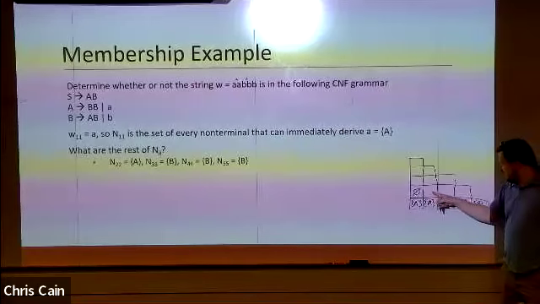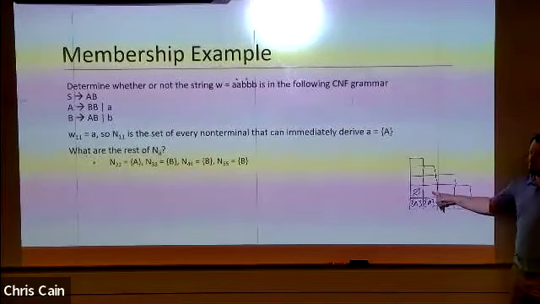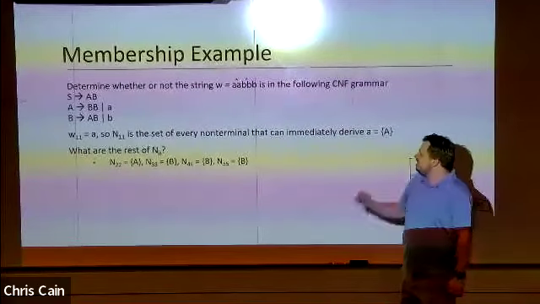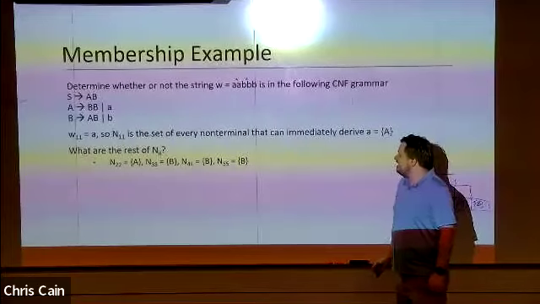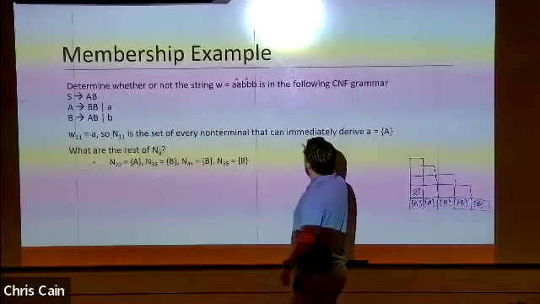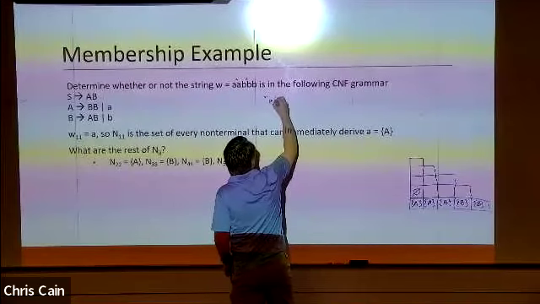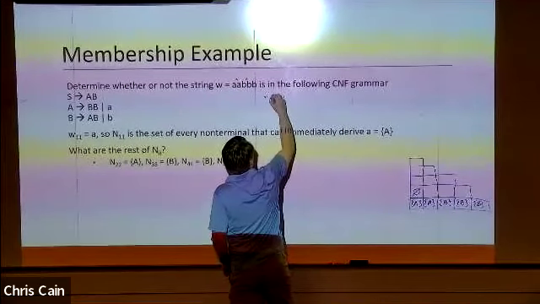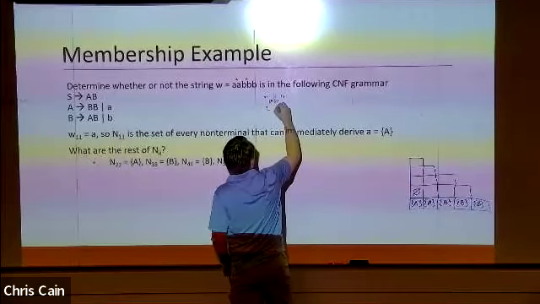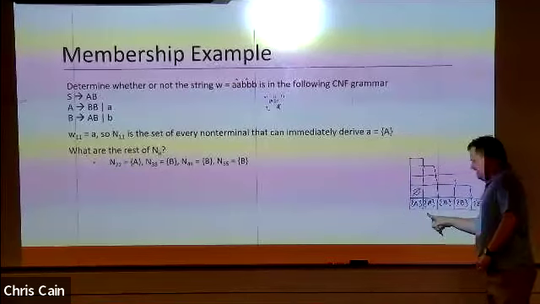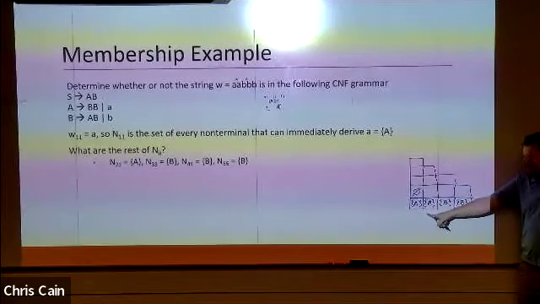This is 1,2, this is 2,3. All substrings of length 2. So if we're looking at lowercase a and lowercase b, we now want to take this string a, b, and break it down into its left side and its right side. Its left side, we've already calculated. Here are all the possibilities for that.